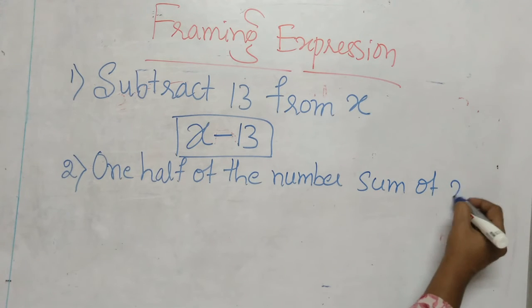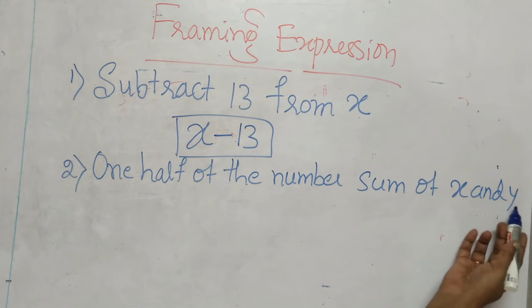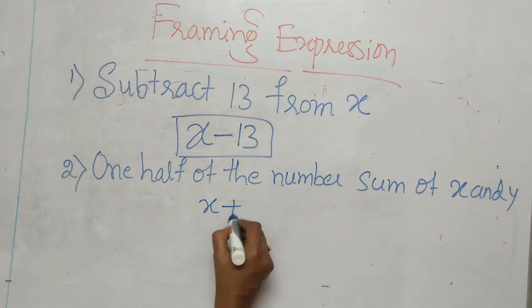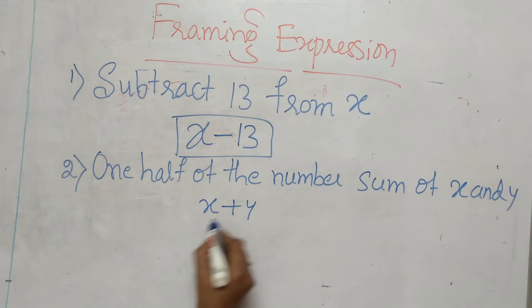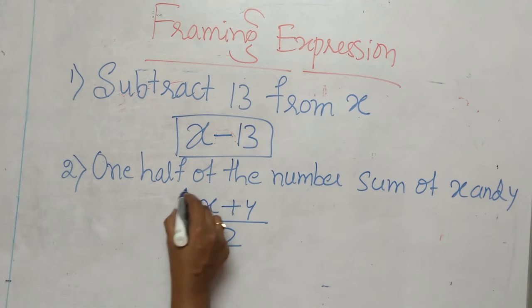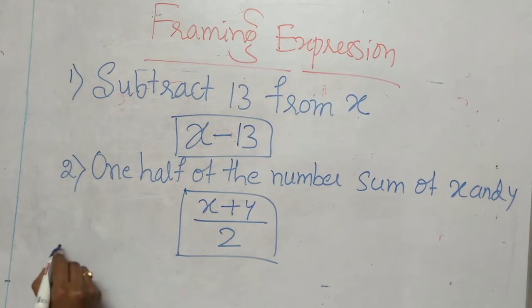One half of the sum of x and y we are doing. First we'll do the sum of the x and y, which is x plus y. Sum here is plus. 1 half is nothing but divided by 2. Otherwise you can write half into x plus y also.